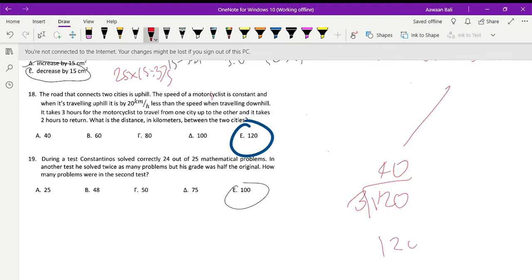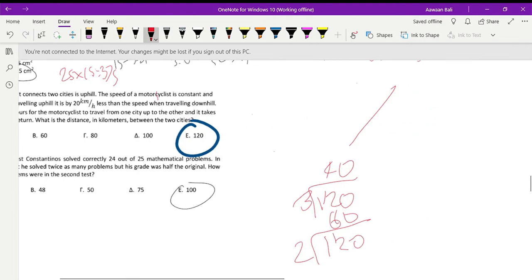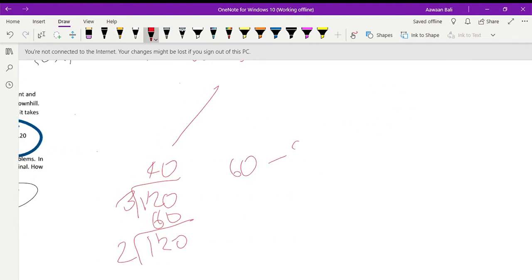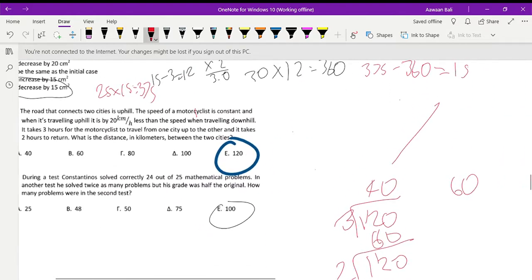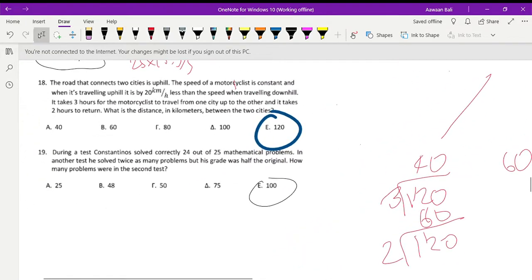And 120 divided by 2, you get 60. Luckily enough, if you find the difference between the 60 and the 40, you get 20. And as it says the difference has to be 20 kilometers per hour, that's correct. So therefore, the answer is eta, 120. You can check it. So basically, it's saying that when it's going uphill, the speed is 40 kilometers per hour.